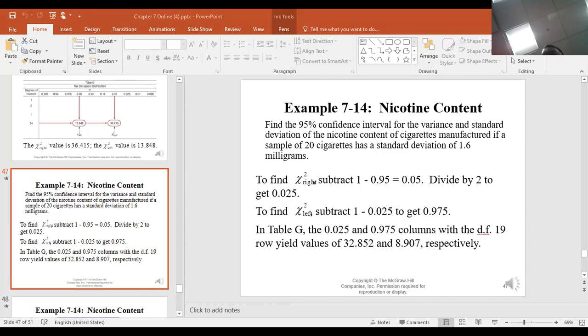So let's come back to our PowerPoint. Anyone has the chi-square? Have you been able to find the chi-square right from your table? What is chi-square right?